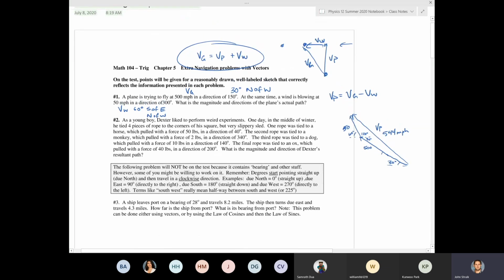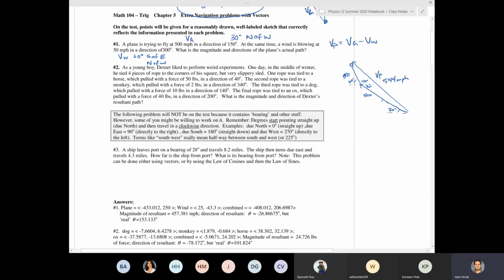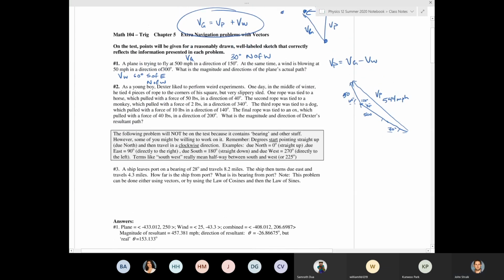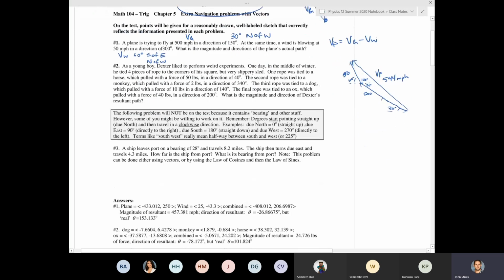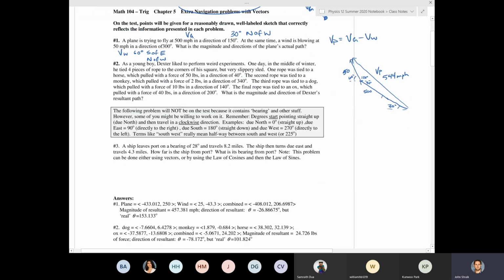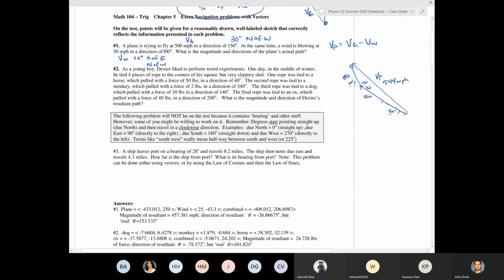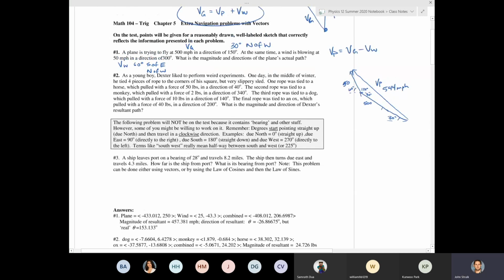300 degrees, so it's blowing that way. Yeah, I don't know why the answer differs. What does the answer say? Oh, they're breaking into components.